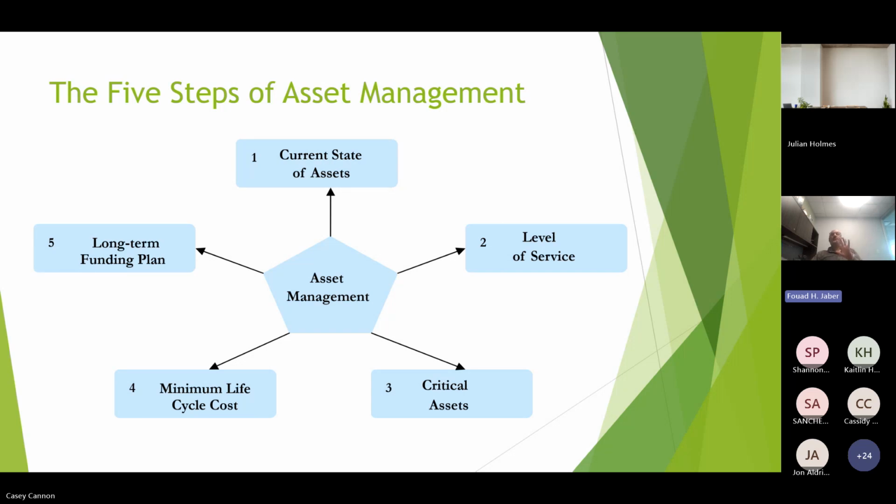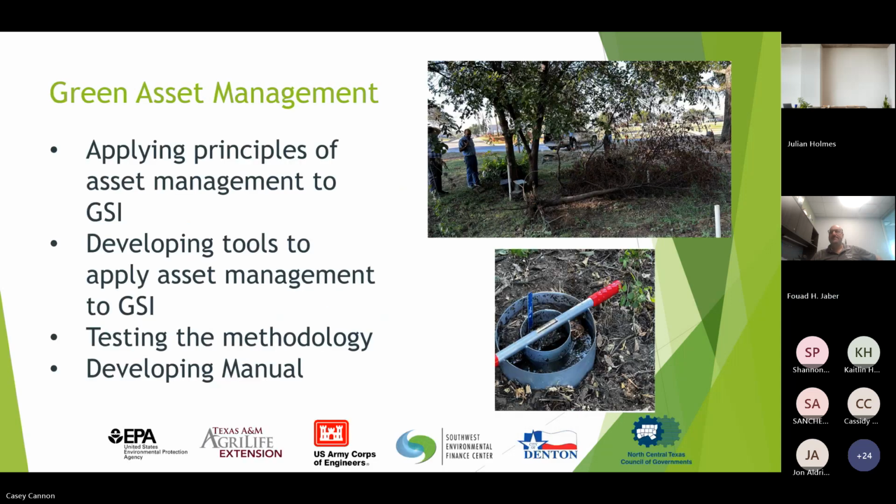And I'll address those a little bit on how we try to build a manual for asset management for the North Texas area that EPA was mostly working on, although people from the COG, myself, the Corps of Engineers, and other groups were working on it also. So next slide, please.